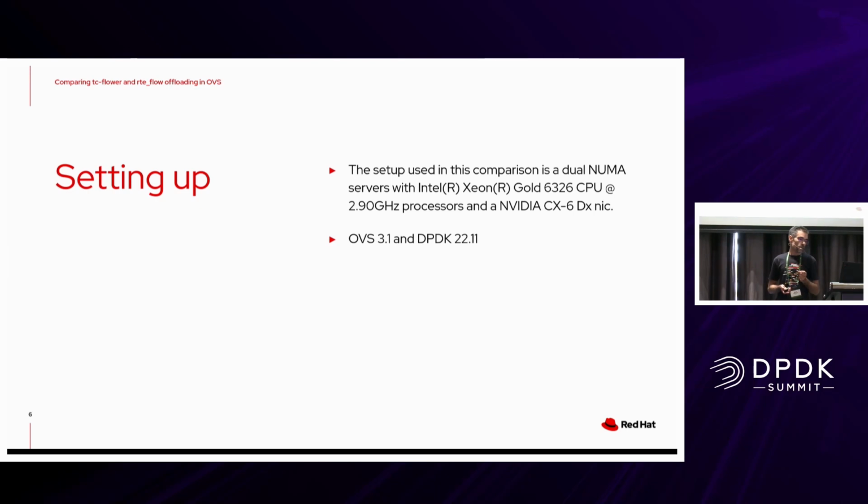The NIC I used is a CX6 NIC because it's the only one that has the main capabilities in hardware. And for reference, I focused on the OVS 3.1 release because it's one of the stable ones, and we focus on LTS integration only with OVS.